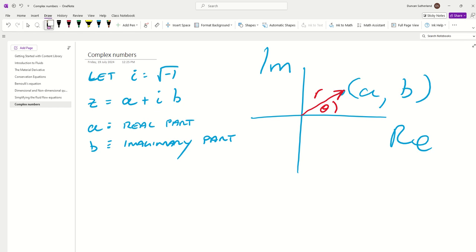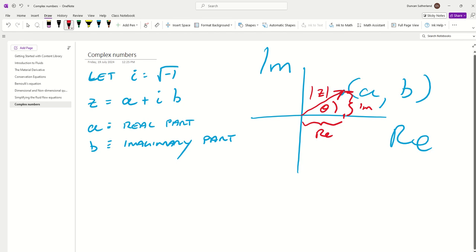That magnitude isn't usually called r, it's usually denoted the absolute value or the modulus of the complex number z. Now this polar form gives us the notion of these two bits. So this is the imaginary bit and this is the real bit.